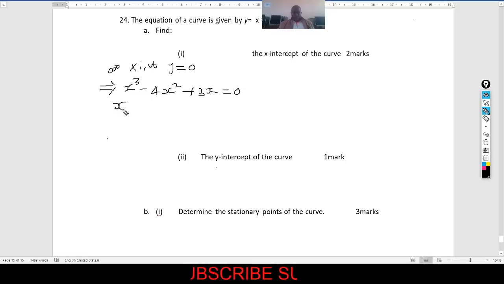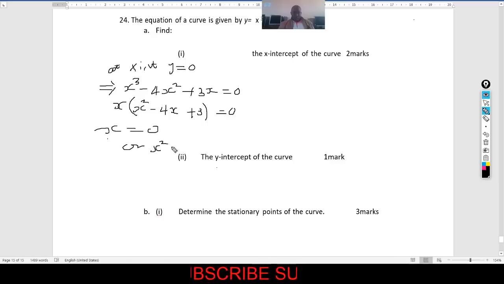It can be x into x squared minus 4x plus 3 equals 0. So this means that x equals 0, or x squared minus 4x plus 3 equals 0.